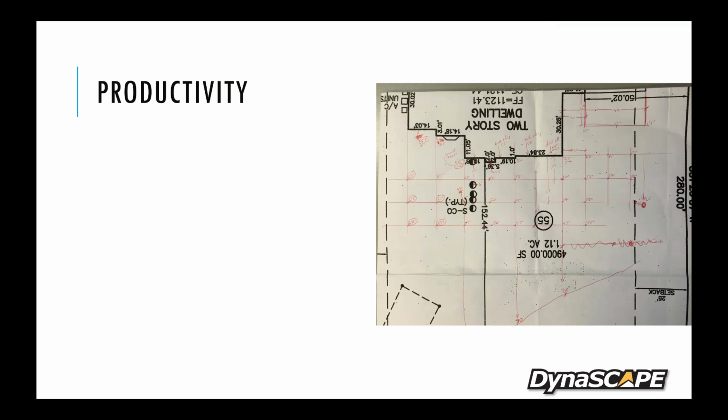This was a grid that a customer sent me of grades, and they were 10-foot grids. So what I was able to do is I could do my drawing with this on another monitor, or on the other side of my monitor, and then I could take my design and float it right on this grid and know where all my grades of my patio needed to be, where my steps needed to go, pitch and slopes and all those things.